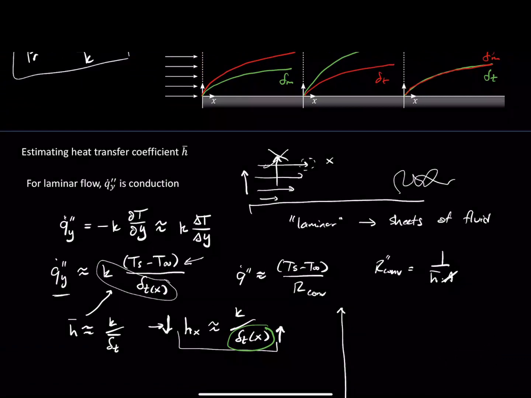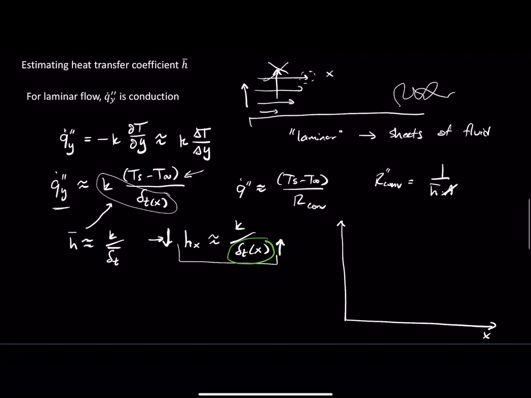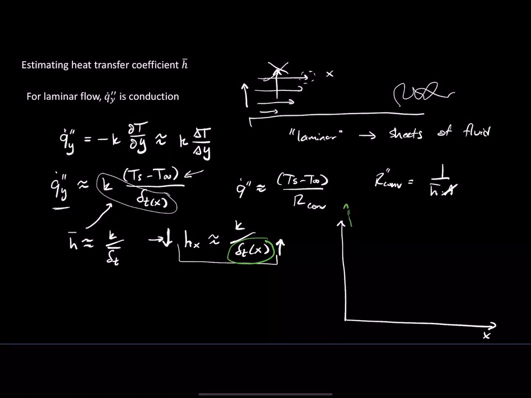It's actually 0. So at the leading edge of the plate, there's an infinite heat transfer coefficient. But as it develops, that boundary layer thickness grows, and you start getting this curve like this. So this is h of x.